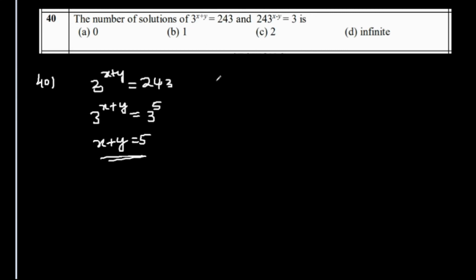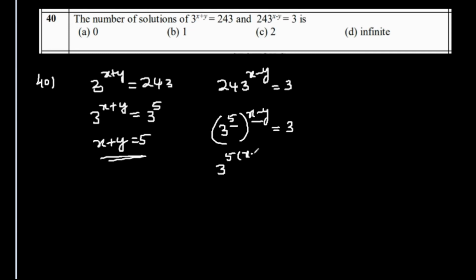Moving on to the next condition, 243 to the power of x minus y is equal to 3. So 243 can be written as 3 power of 5, to the power of x minus y, equal to 3. When there are two powers, the powers should be multiplied. So 3 to the power of 5 into x minus y is equal to 3. When the bases are the same, we equate the powers. So 5x minus 5y is equal to 1.